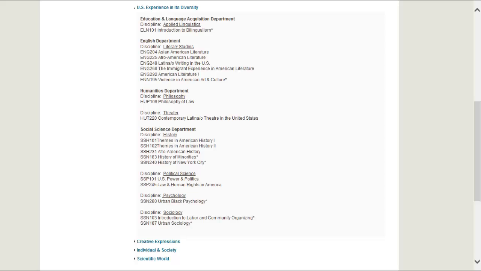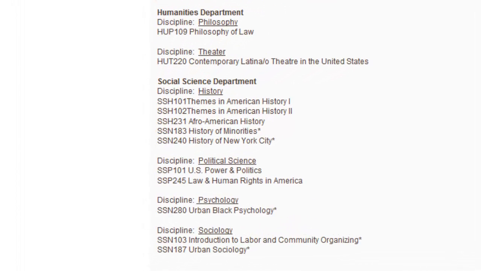Let's go to the next category, the U.S. Experience in its Diversity. Again, you see that courses are listed first by department and then by discipline. Let's select from the Social Science Department and the Political Science discipline the course SSP 101, U.S. Power and Politics.